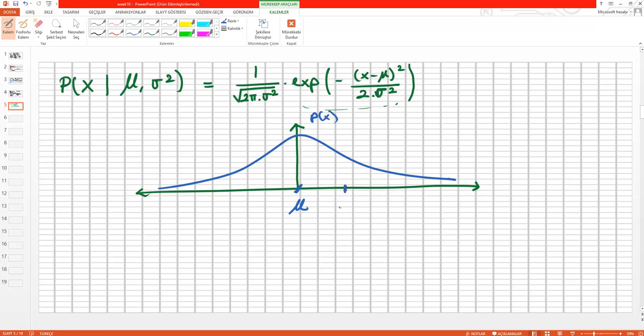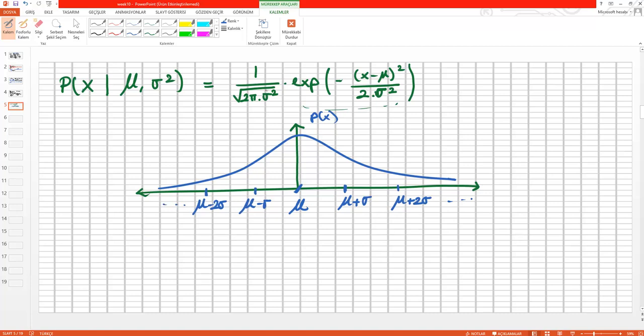After that we have mu plus standard deviation, and also mu minus standard deviation, then mu minus 2 standard deviations and mu plus 2 standard deviations, and it goes on like this.